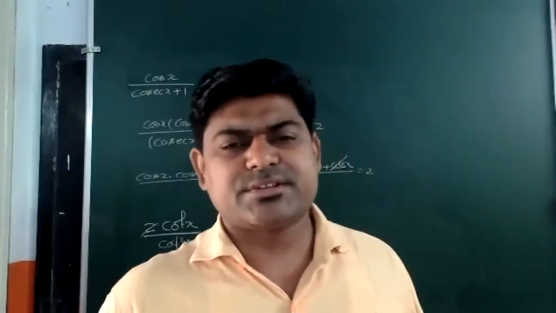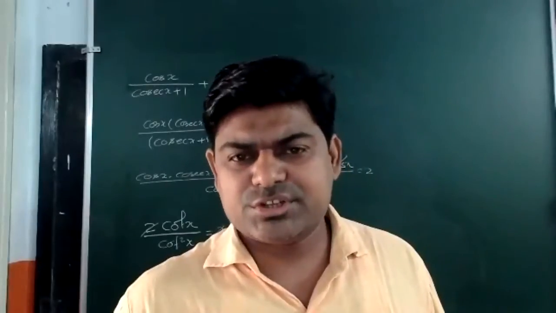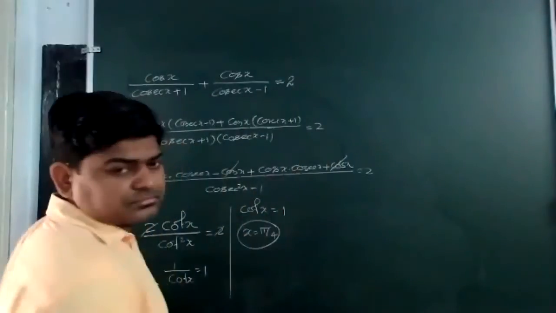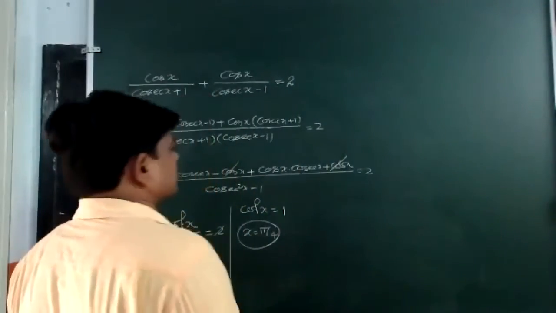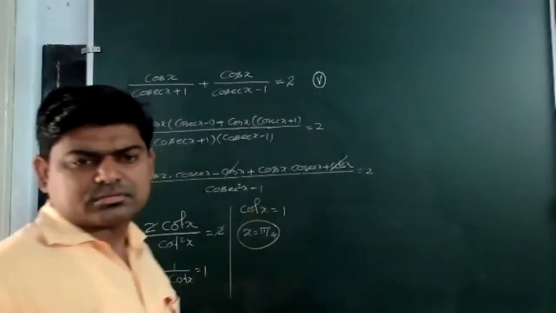Now, as he asked, the fifth one. In the fifth one, you can see it is a simple quadratic equation in terms of tan. Is it or not? Is it visible or not?